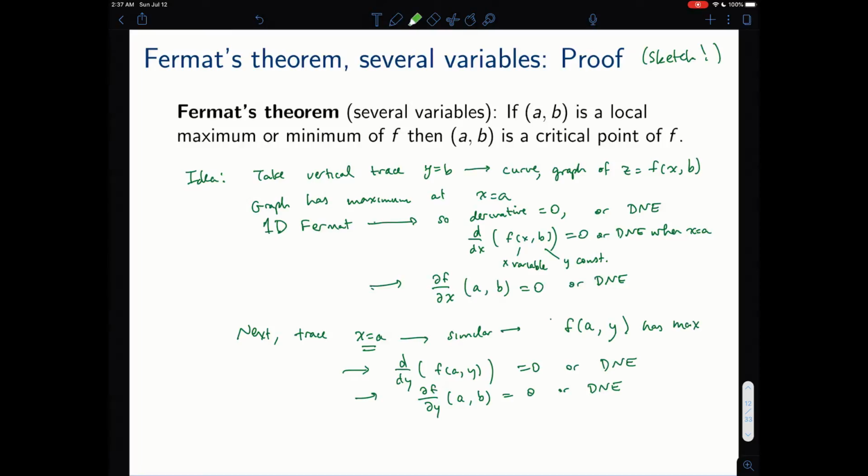If you combine these things, both of them have to be true. This one was true when we looked at one trace, and this one was also true when we looked at the other trace.